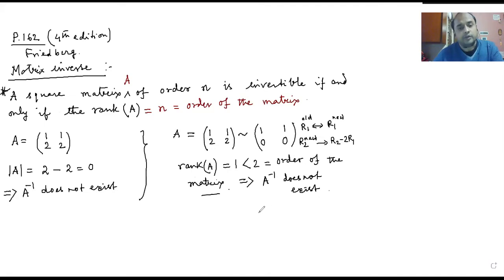And I also told you that usually I deal with this process of finding matrix inverses if the order of the matrix is more than 3. And this is actually the general process. The concept of determinant actually comes from that.